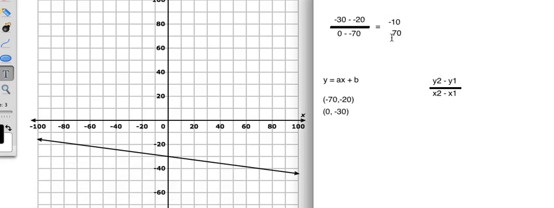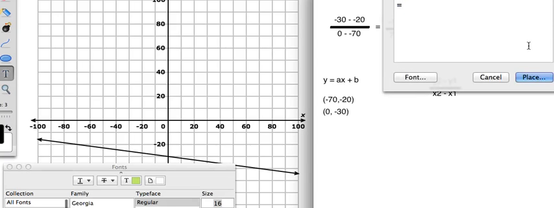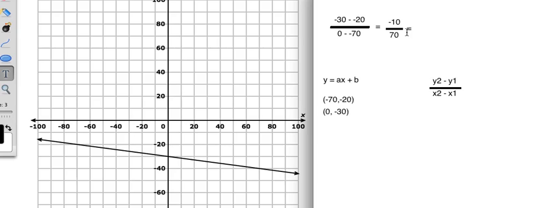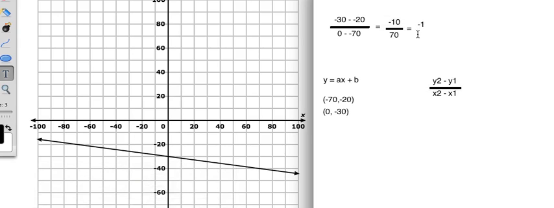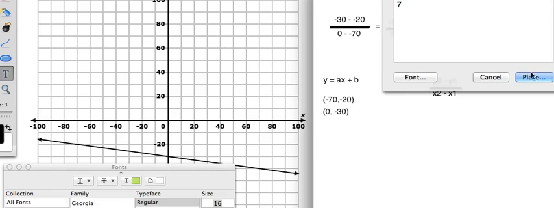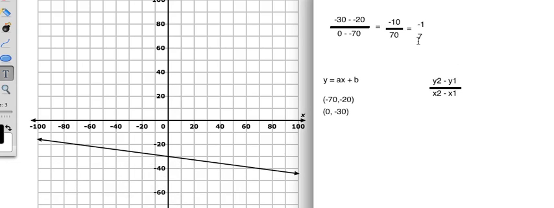Now, negative 10 over 70, I can actually reduce that to something a little bit more manageable. I can divide both the top and the bottom by 10. I got negative 1 over 7 is going to be my slope. Okay. That means I've got my slope.